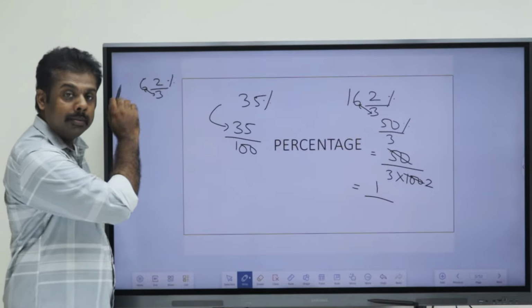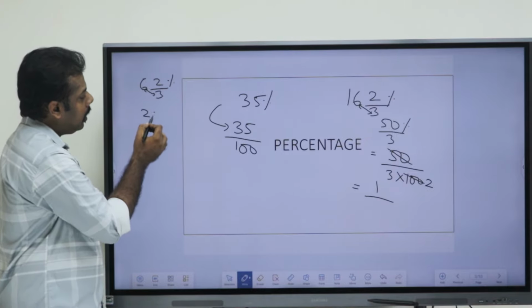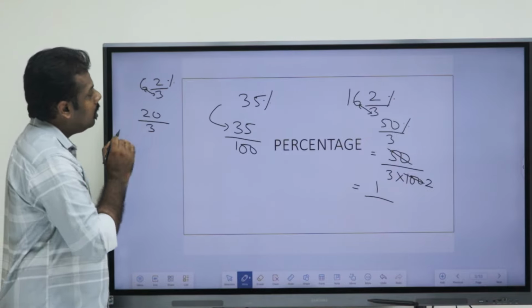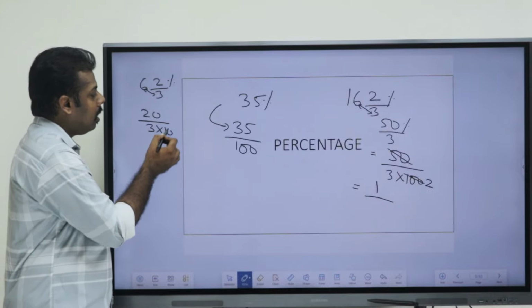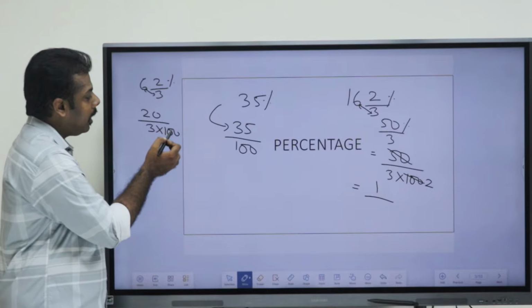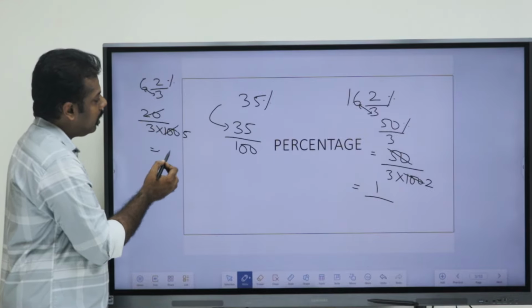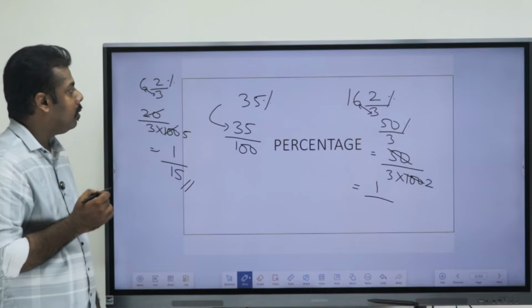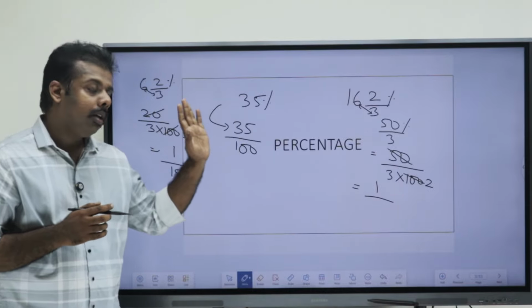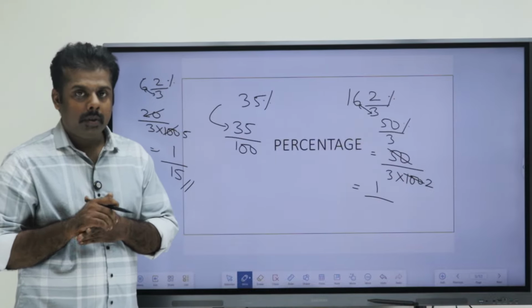Then you have to add the term which is in the numerator. What you are getting is 20 by 3. As you know, percentage is there, and percentage basically means out of 100, so the denominator will carry 100. 20 into 5 is 100, so what you are getting here is 1 by 50. So, we understand that 6 2 by 3 percentage in fraction gives us 1 by 50.